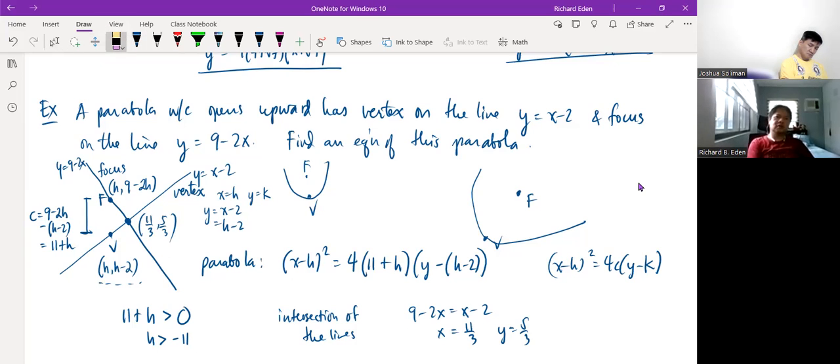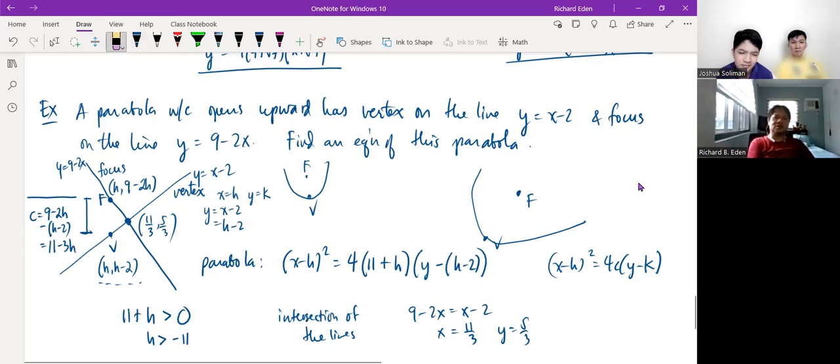Oh, hold on, sorry. Bali nung pag-compute ko ng c here. 9 minus 2h minus, it's going to be 11 minus 3h. Yun pala, 11 minus 3h. 11 minus 3h.